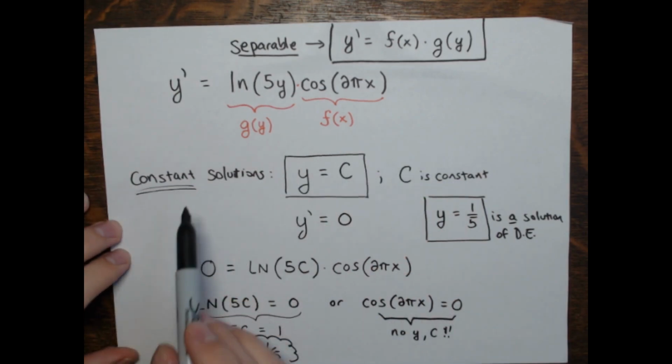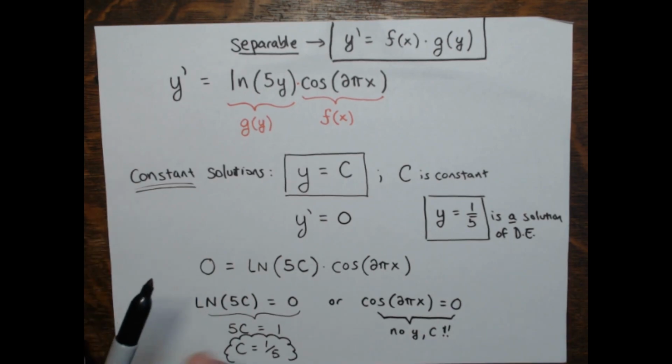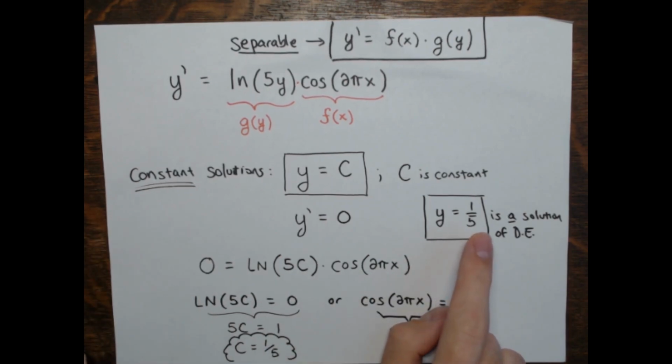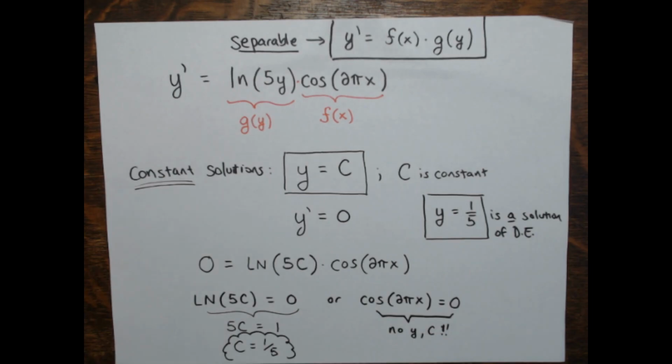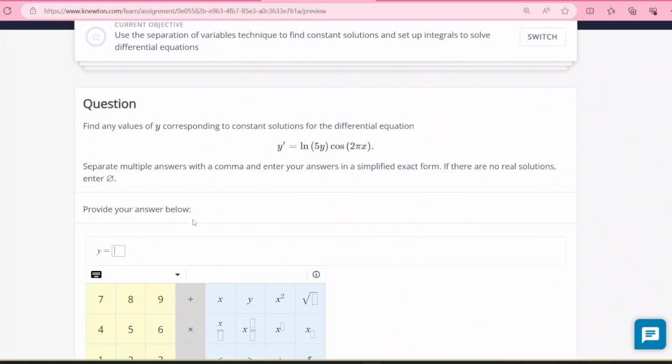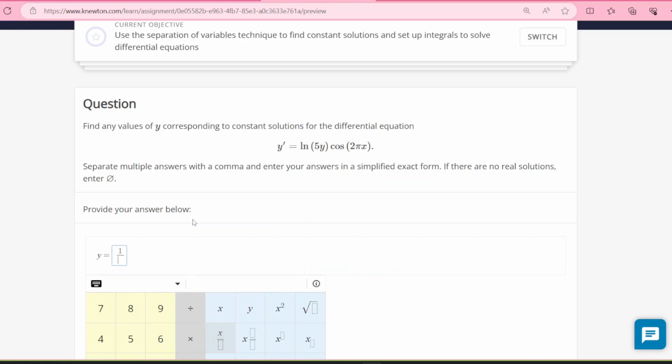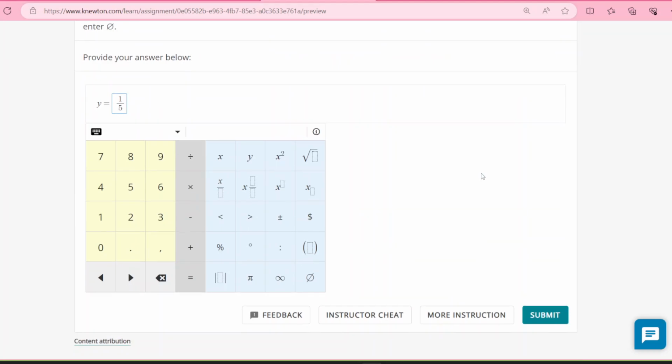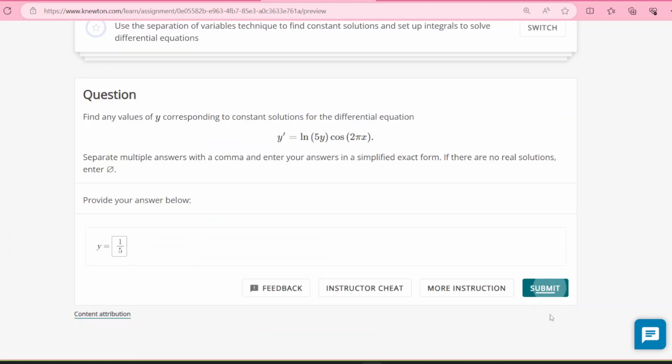We're only asked to find these constant solutions, and the only one we found was y equals 1/5. Okay, so back in the assignment, y equals 1/5, and there aren't any more, so I don't need any commas. I said if there are multiple answers, we'll separate them with a comma. I didn't find multiple answers. Right. And submit.